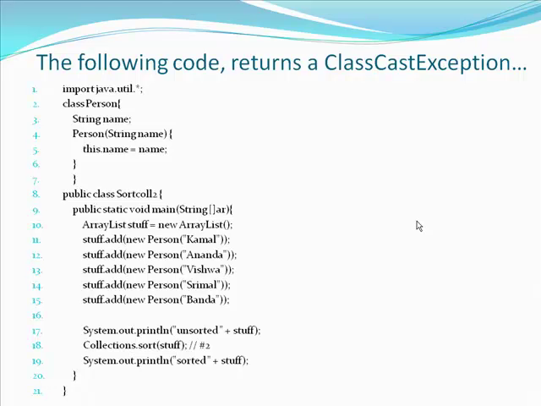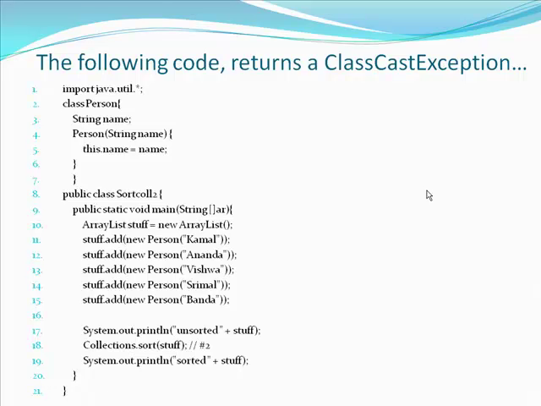In line number 17 we are going to print the unsorted stuff ArrayList. In line number 18 we sort the ArrayList by calling the sort method. In line number 19 we are going to print the sorted array.